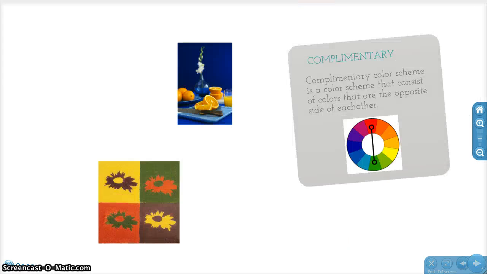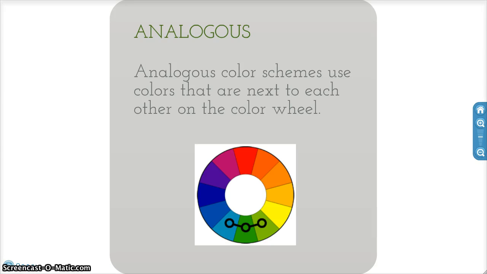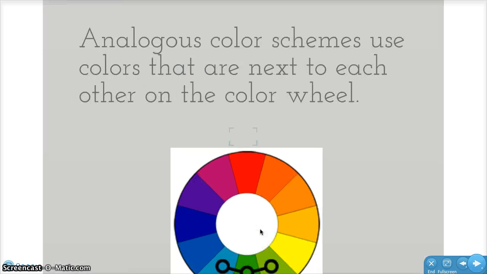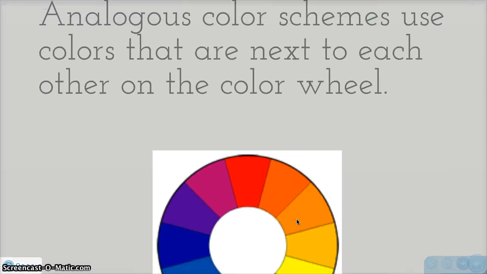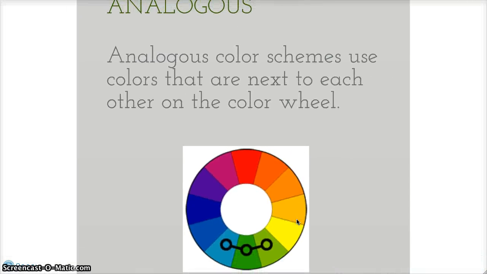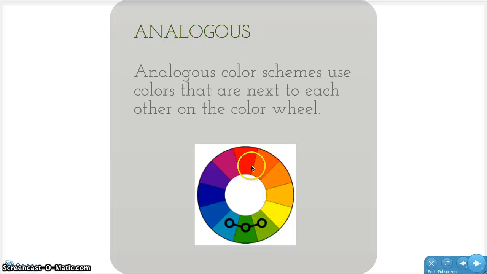Now the next scheme that we want to talk about is analogous color schemes, which are colors that are next to each other on the color wheel. And you can see here, let me zoom back out so you can see, that we have an example of this blue, this kind of dark green, not so dark, but a darker green, and into a light green.